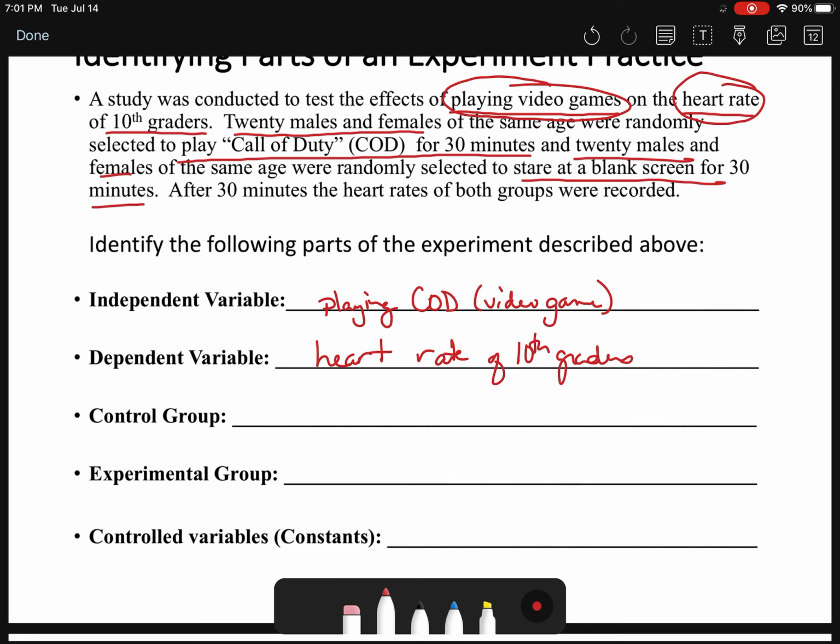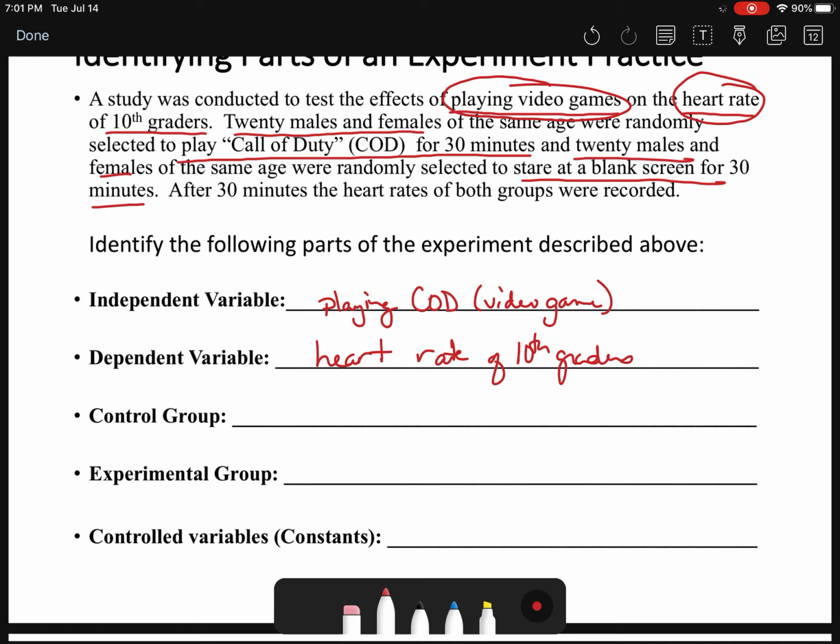Okay. The control group, do you suppose that's the group that's going to play Call of Duty, or the group that gets to just sit there and stare at a blank screen? Basically, they're not doing anything, right? Well, remember, the control group does not receive the independent variable, which is playing Call of Duty.